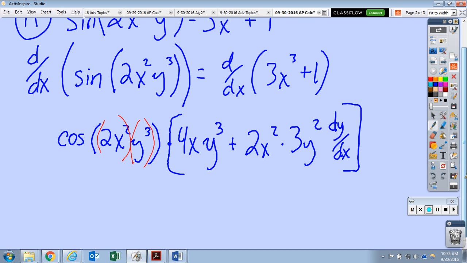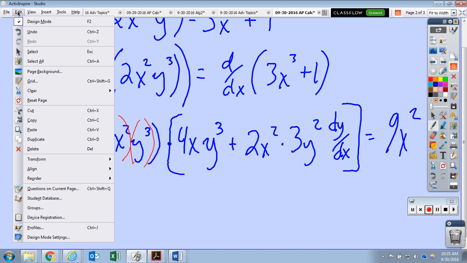Oh yeah, let's finish the equation here. So equals, thank you, over here would just be 9x squared. Thank you, Michaela. Then you divide that. Well, first of all, you can simplify x.